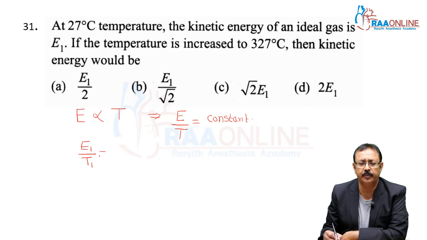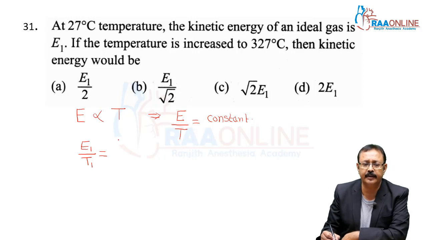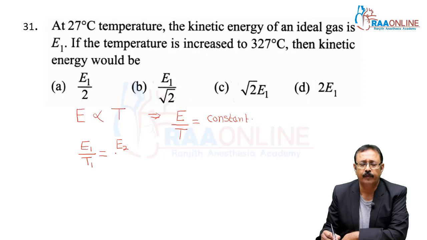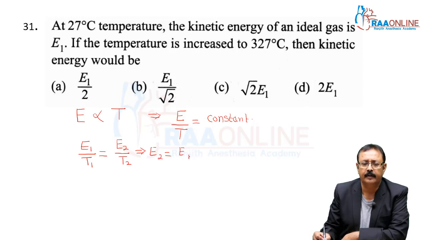This ratio should be constant. It means if the final kinetic energy is E2 and the final temperature was T2, then E1 upon T1 should be equal to E2 upon T2. If you want to calculate E2, you have to multiply E1 by T2 by T1.